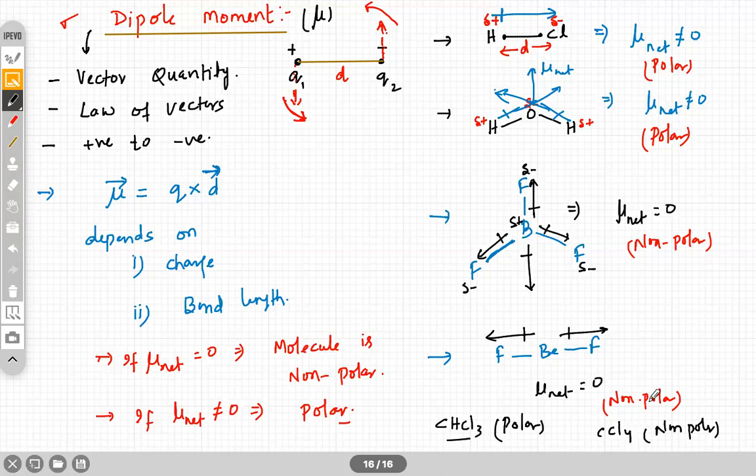Okay, so this is what you need to conclude in terms of dipole moment, whether it is polar or non-polar. That is all that is required in chemistry. But there are other things also, and that is a part of physics. You will study that in electrostatics in grade 12.